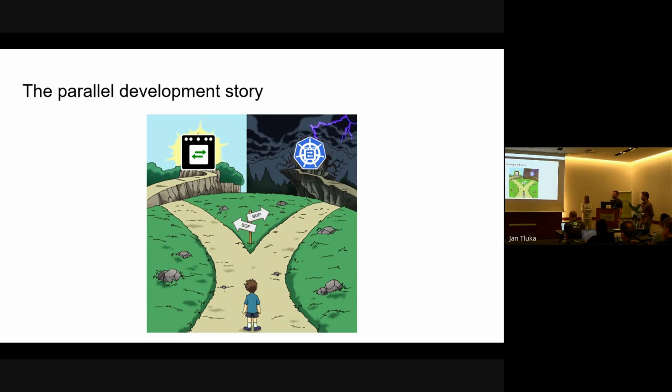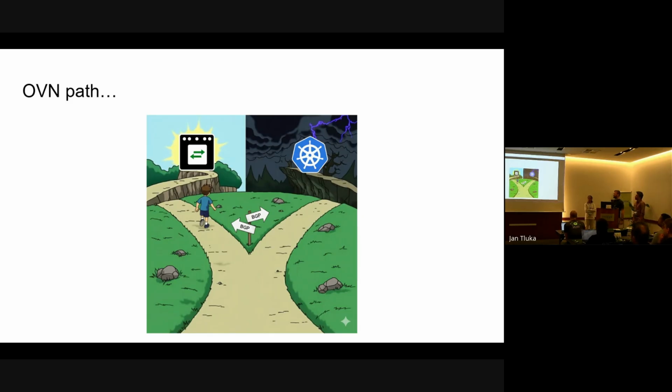As you may know, we've decided to do our own implementation, and today we'll try to describe how we did it, what are the differences with how OVN does it, and whether we can converge, and what would it take. So let's go to the left path and see how OVN does it today.